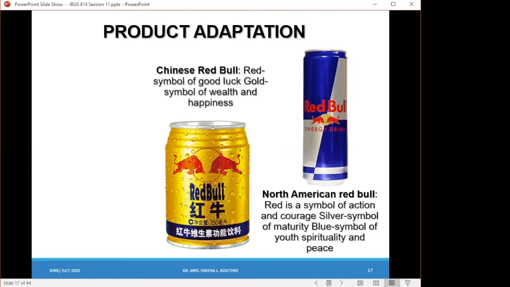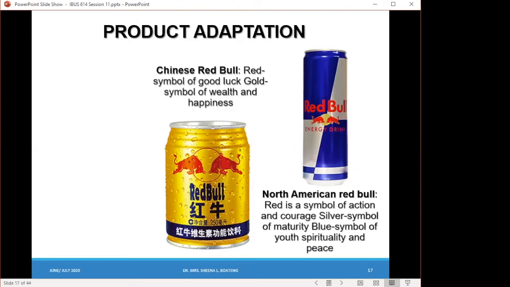So you realize that in this case, Red Bull is using a combination of standardization and adaptation. True or false? True. Good. Where in some markets, they are selling a standardized version of Red Bull, like it's sold in North America and New Zealand. And then in other markets, they are choosing to adapt to be able to suit the needs of that particular market.